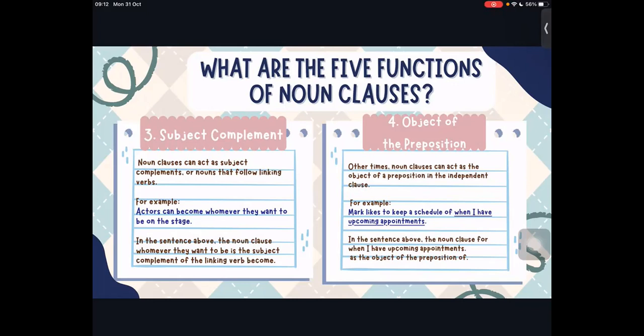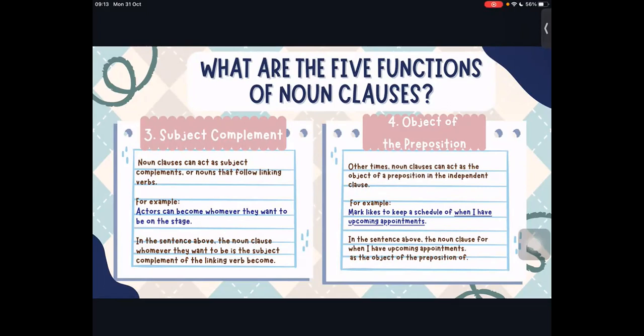And for the fourth one, other times noun clause can act as the object of a preposition in the independent clause. For example, Mark likes to keep a schedule of when I have upcoming appointments. In the sentence above, the noun clause when I have upcoming appointments is the object of the preposition of.